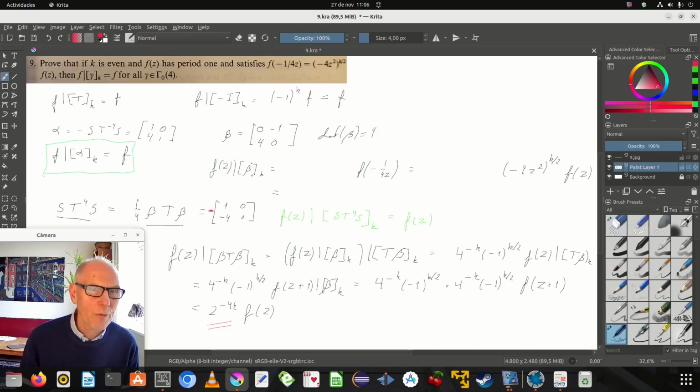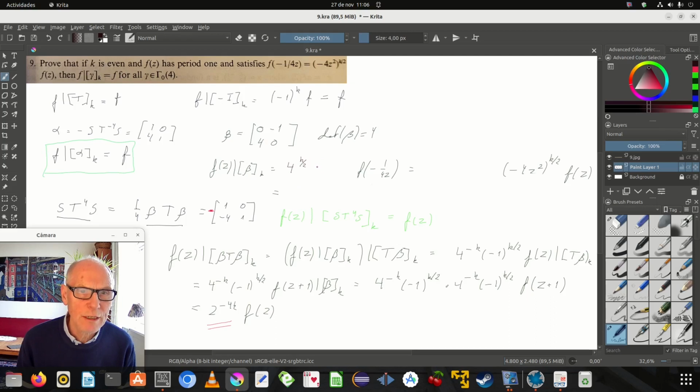All right. So first the determinant to k halves. Next, it's 4z to minus kth. Then we use the transformation formula to get this.